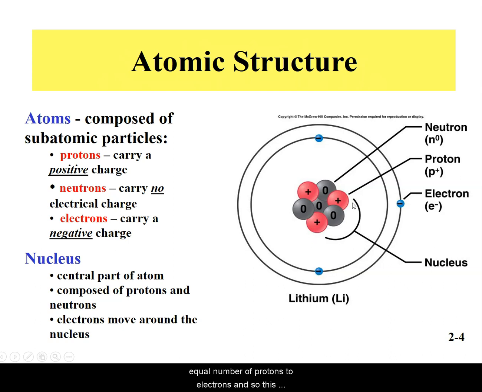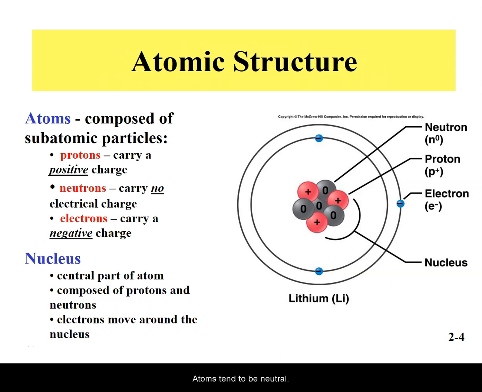So this particular element, lithium, has 3 protons, and if it is neutral, it is going to have 3 electrons. Now remember, the neutrons don't count when it comes to the charge of an atom because they don't have a charge. The protons and the electrons cancel each other out in a neutral atom.